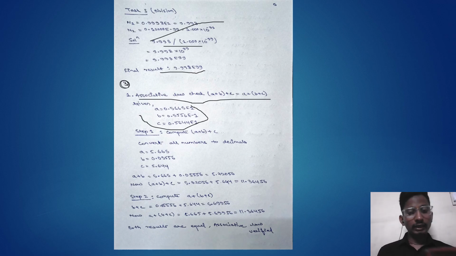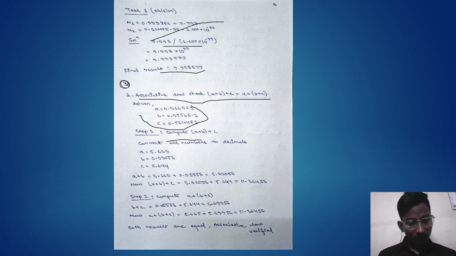So question number 3 is verify associative law and distributive law of arithmetic with floating point for mantissa digits, and provide the correct answer if no number is truncated for the Gauss equations. So step 1 is compute A plus B plus C, and whole bracket of C. Convert all in numeric numbers to decimal.